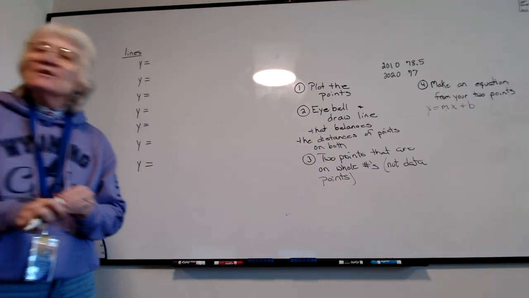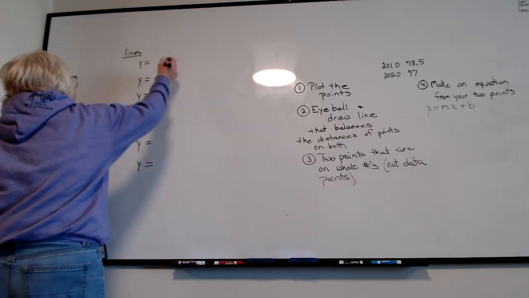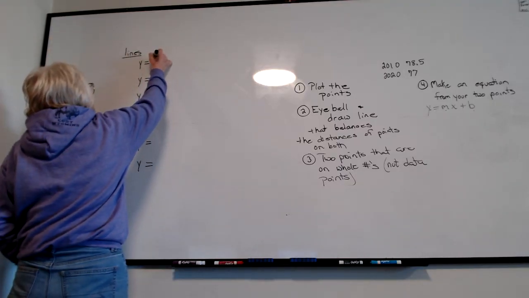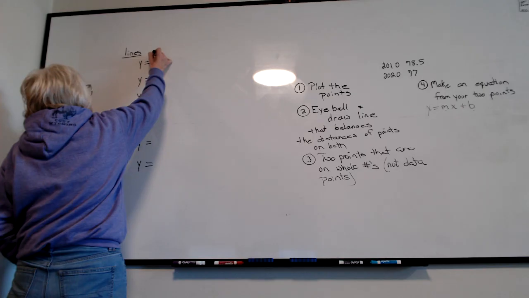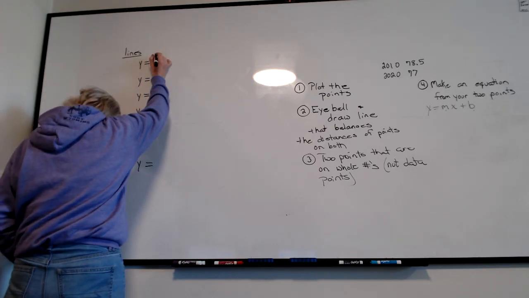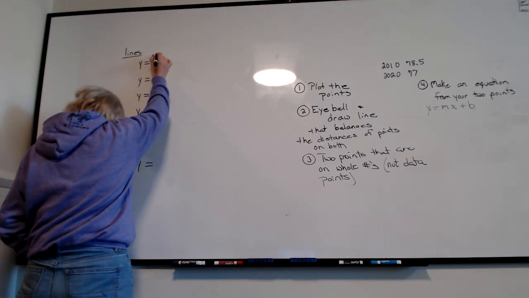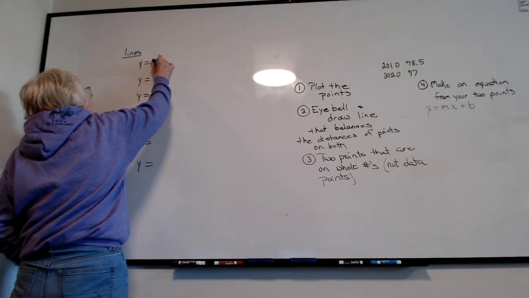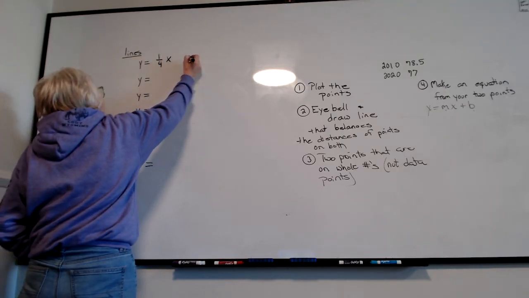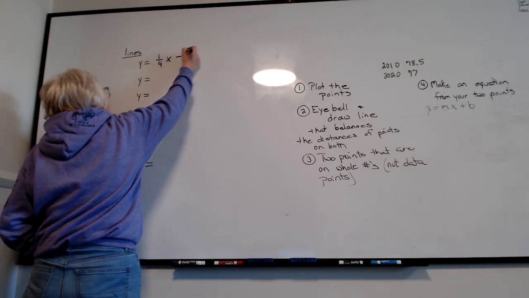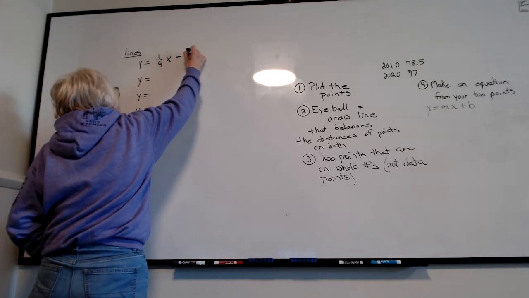Do you have your line? What is it? Y is equal to 5/20x. Can somebody reduce 5/20? 1/4. Oh yeah, thank you, 1/4, my bad. Plus negative 422.5.